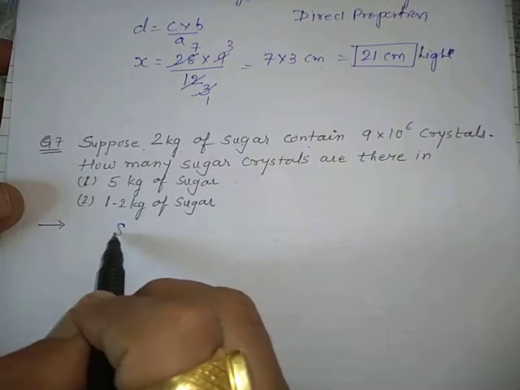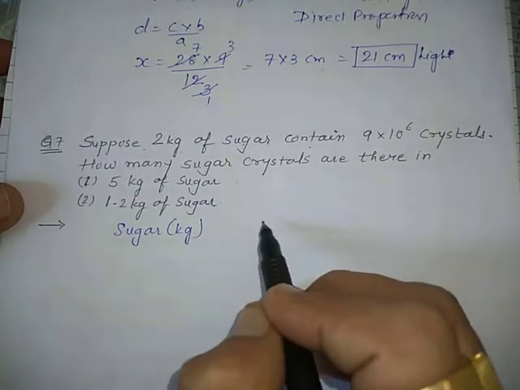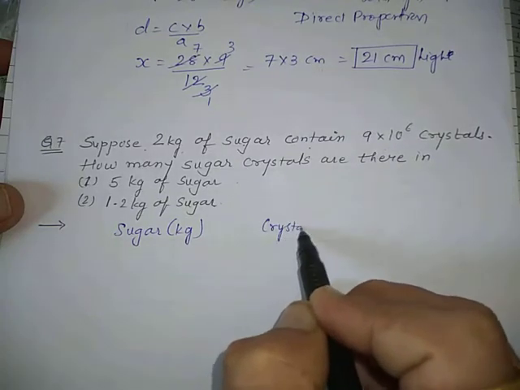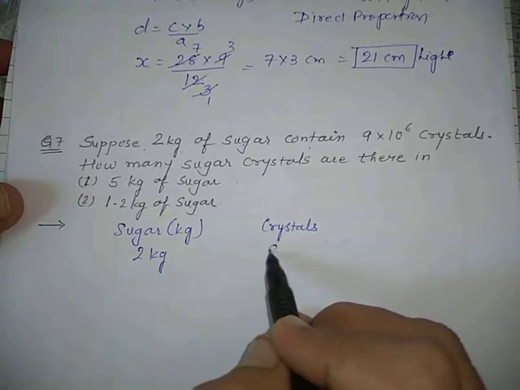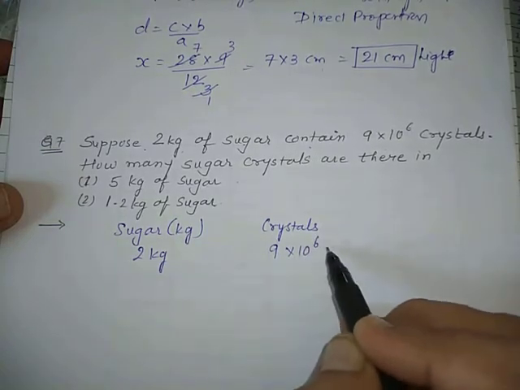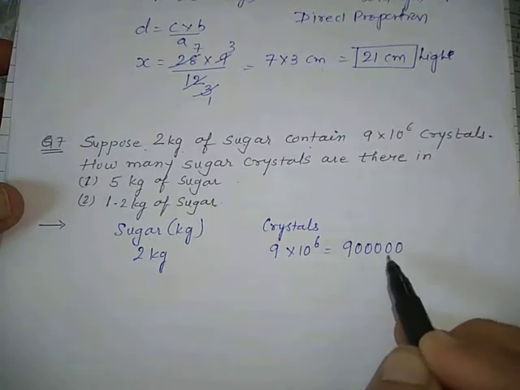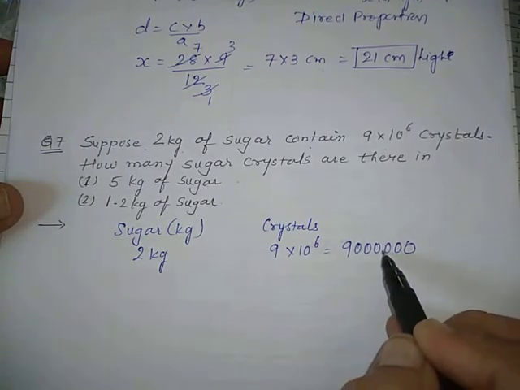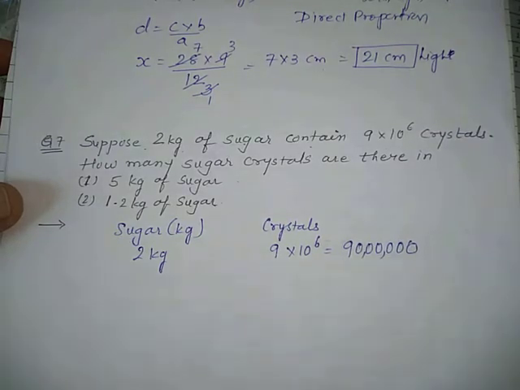So sugar in kg and crystals. They have said 2 kg has 9 into 10 raised to 6, which means 9 with 6 zeros, which means 90 lakh crystals.